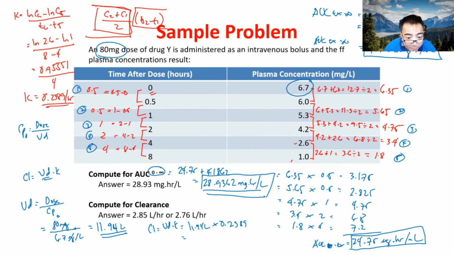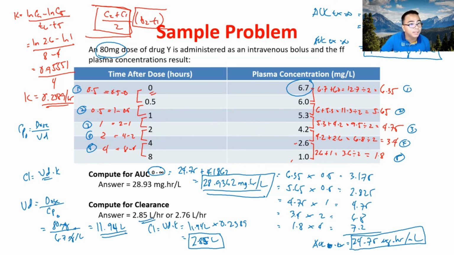And we get 2.85 liters per hour, which is this one. Alright? We get 2.85 here. I hope that makes sense. So that's the long method of doing this calculation.